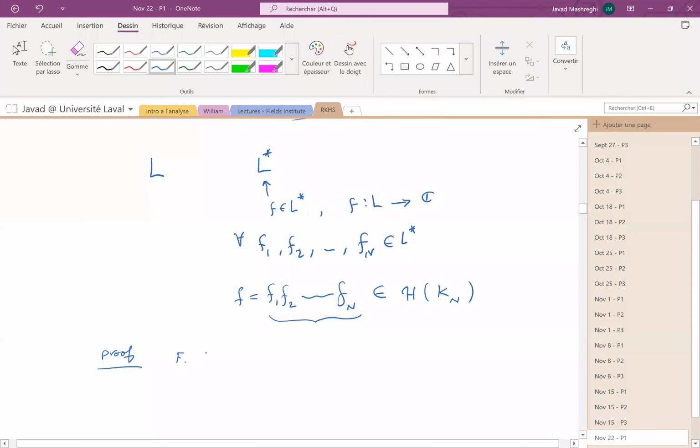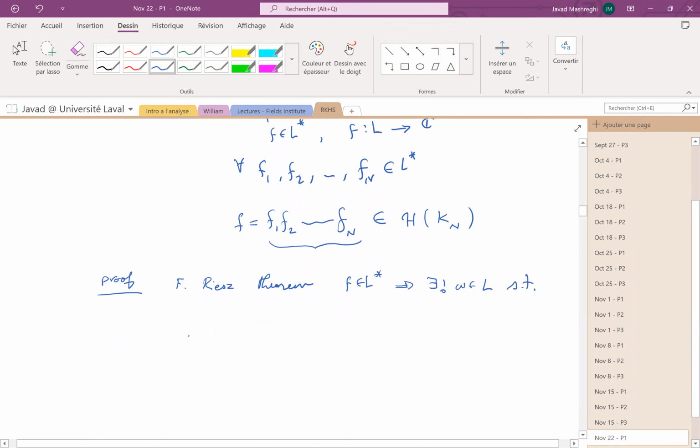Remember the Riesz theorem. It says that if F is in the dual, then there is, and indeed it's unique, but uniqueness is not needed here, a unique W in L such that F at each point Z is the inner product of Z and W. Sometimes we denote this by F_W of Z. So it's a conjugate linear isomorphism between L and L star in this way.